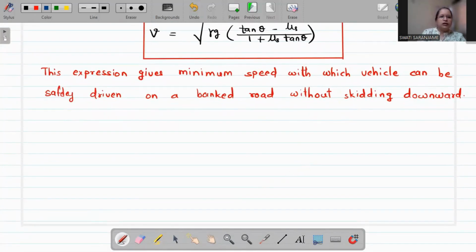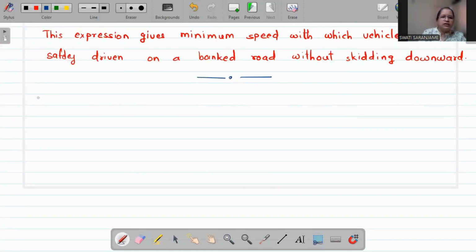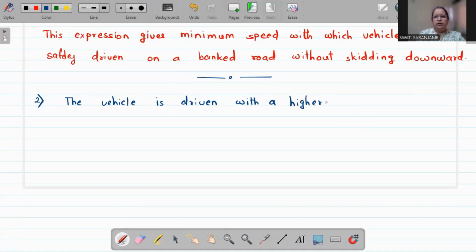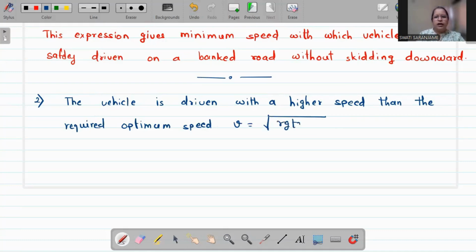Now we will see the second type of derivation similar to this, but in this second case we are considering the vehicle is driven with a higher speed than the required optimum speed, V is equal to under root Rg tan theta.